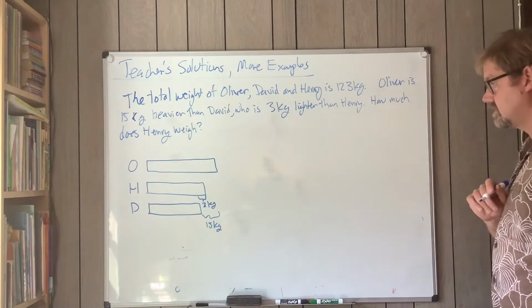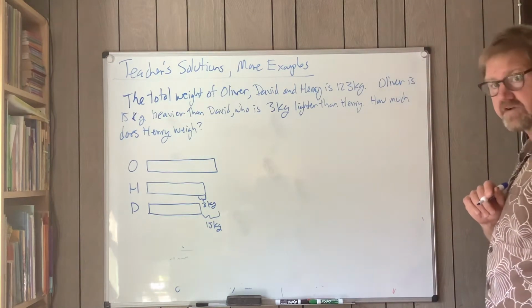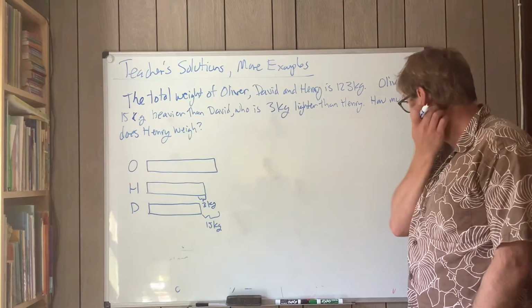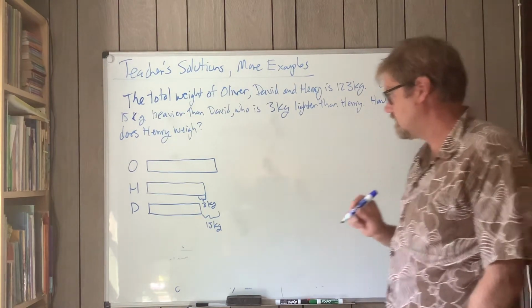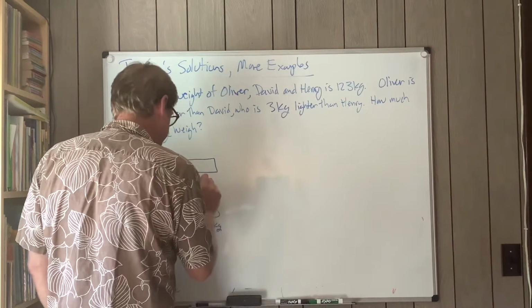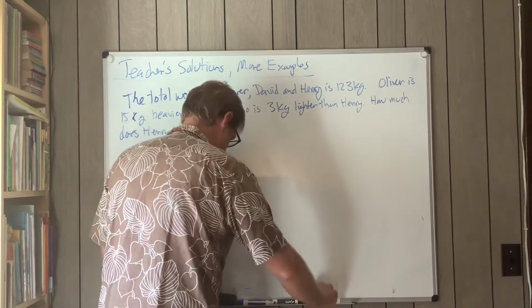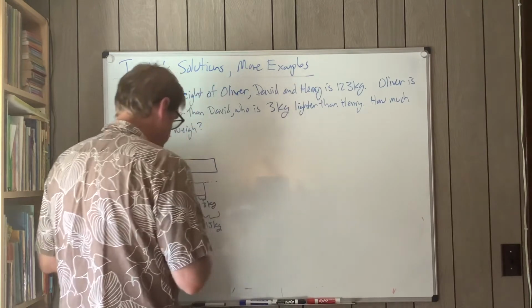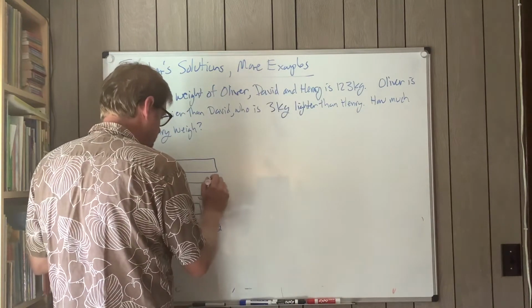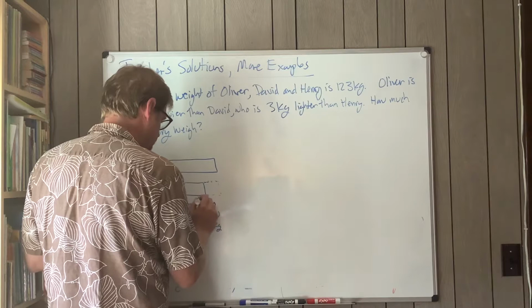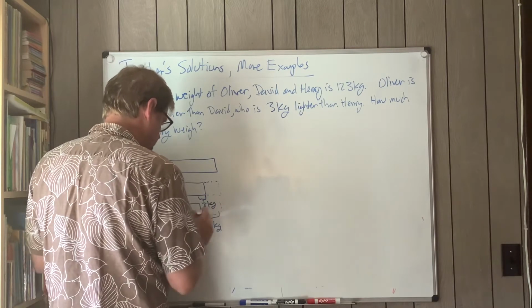All right, now let's figure out how to solve this. So a common thing is what we're going to do is I'm going to switch colors here. If I just think about these bars going all the way out. Oh, and I didn't label one.